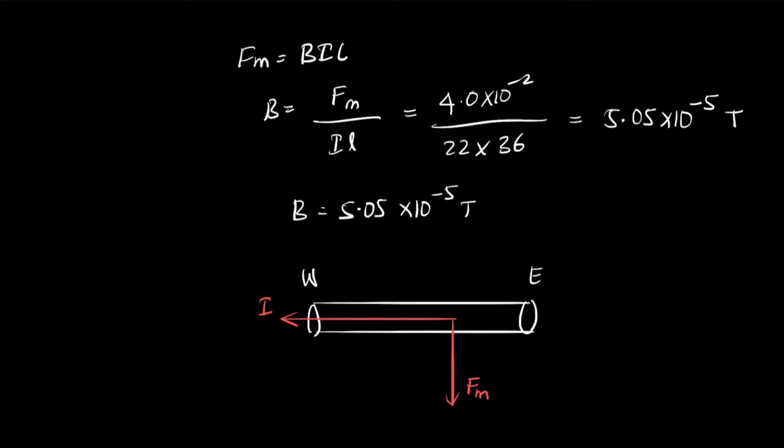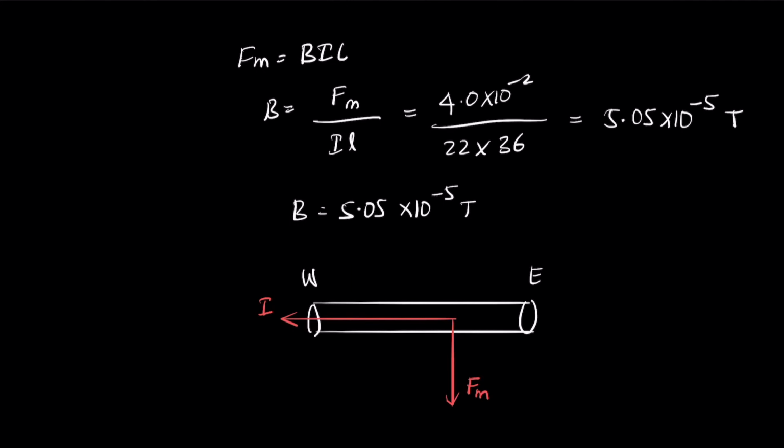Now how would the magnetic field be? What you can do is put your hand in such a way that the thumb indicates the current flow. So put your thumb from east towards west and put your palm facing downward.